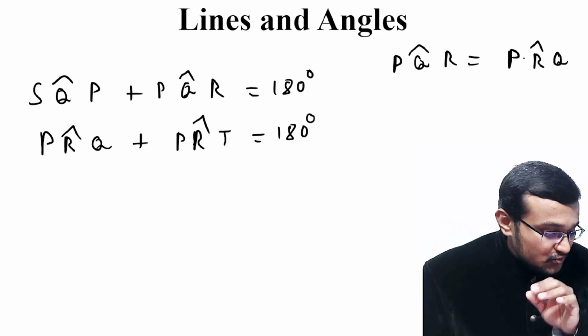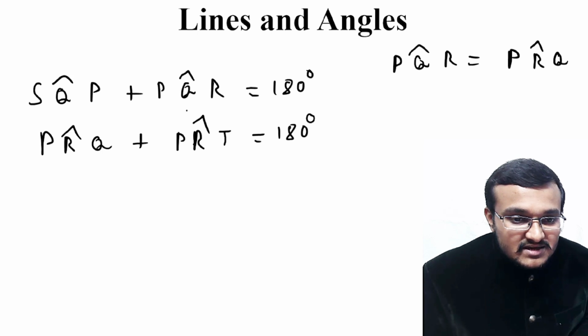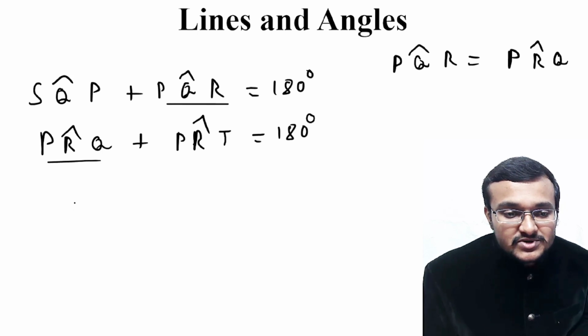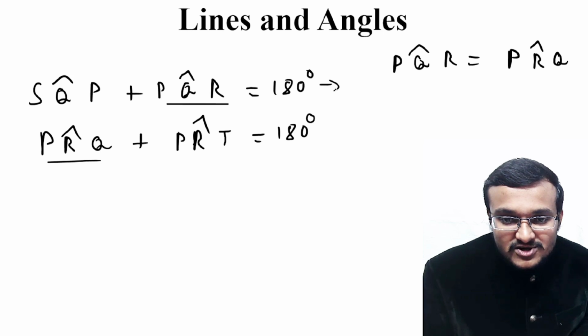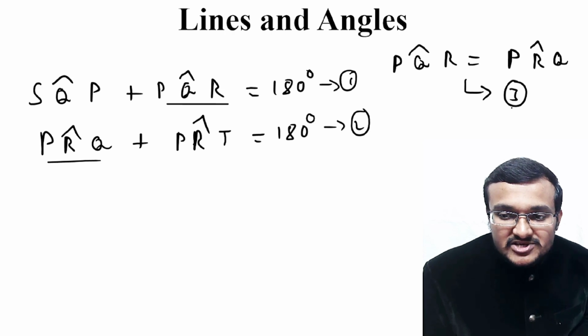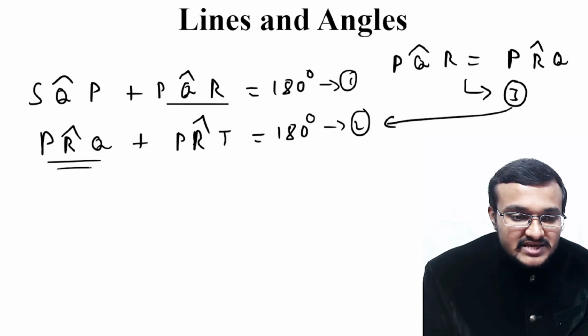So this particular PQR and this particular PRQ are equal to each other. You can call this equation 3. This equation 3 you can substitute in equation 2, that is, in the place of PRQ, you can take PQR only.